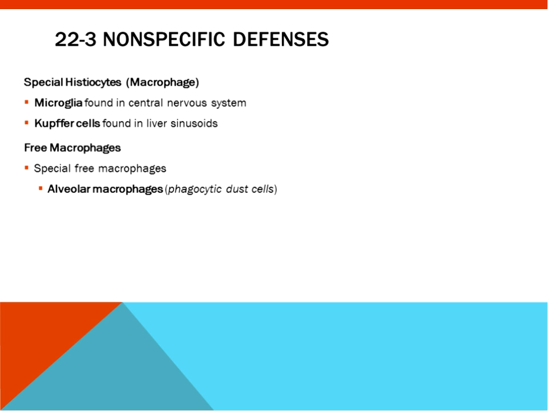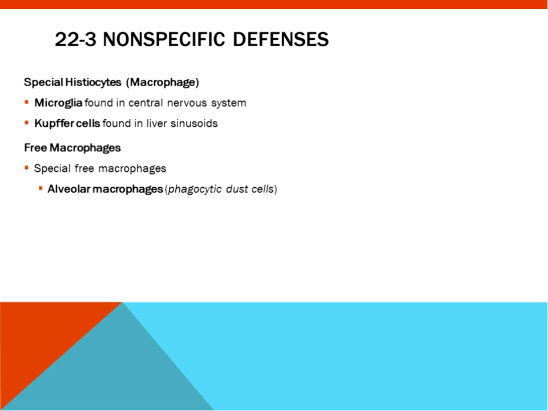We have special types of histiocytes or macrophages. We have microglia cells that we've talked about last semester that are found in the central nervous system. Kupffer cells that are found in your liver sinusoids, so those sinusoidal capillaries that we see these cells coming out of, and they provide very non-specific defenses, and they'll fight every pathogen that they encounter the same way.